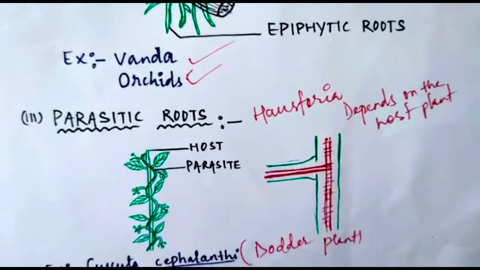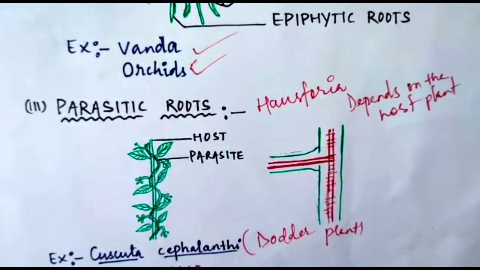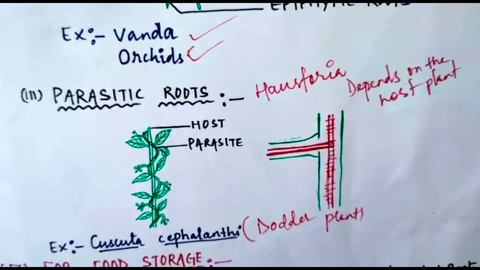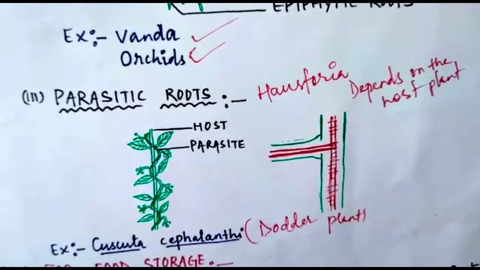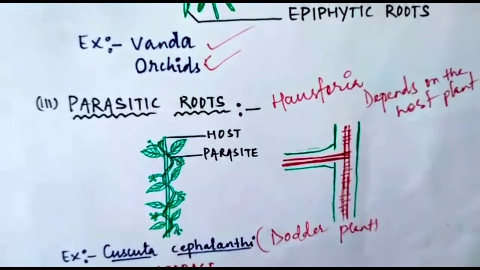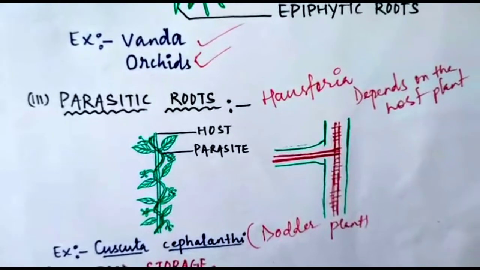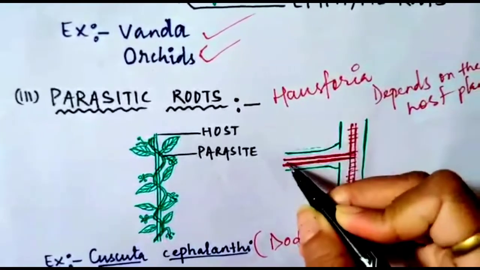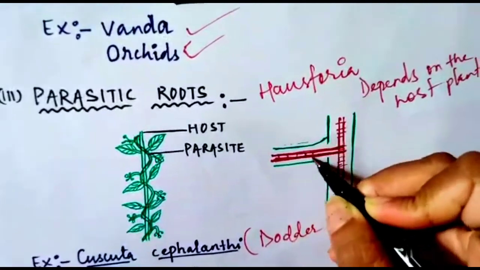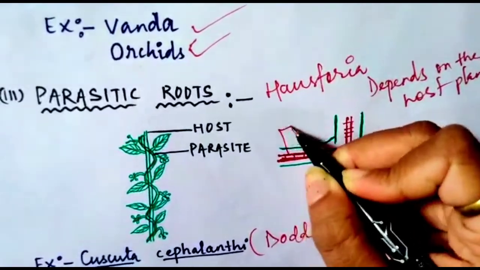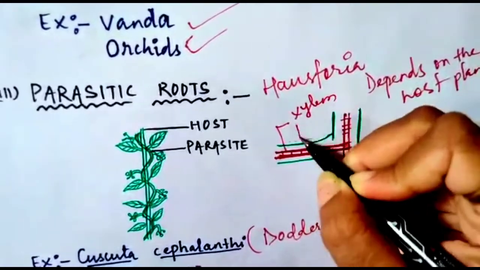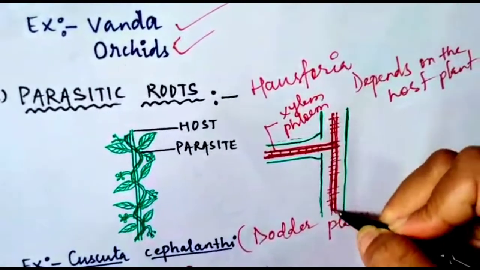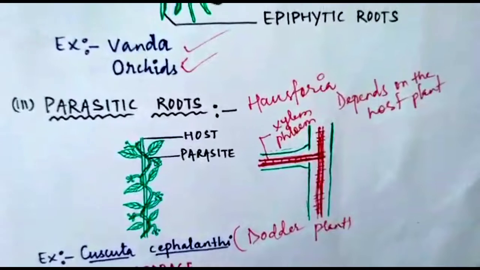So, these parasites penetrate into the host plant and all the tissue remains outside except the vascular part. These are the vascular parts of the parasite, that is the xylem and phloem, and this is the vascular part of the host plant.